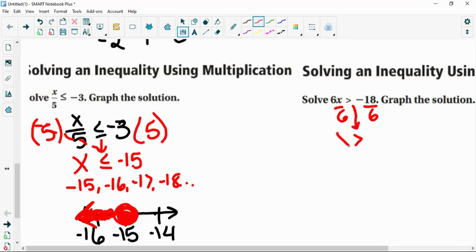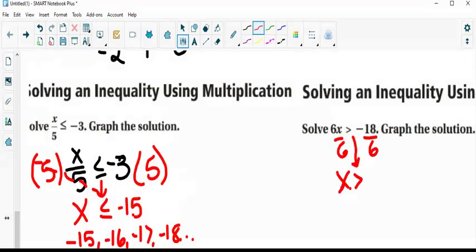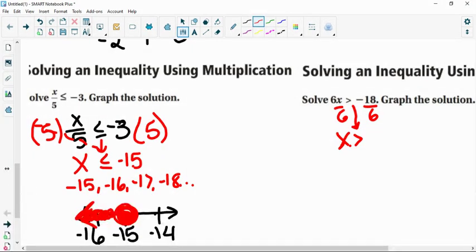On the left, I have x, and on the right, -18 divided by 6 would be -3. This is every number greater than -3. It does not include -3. So it's numbers like -2, -1, 0, 1, and so on.